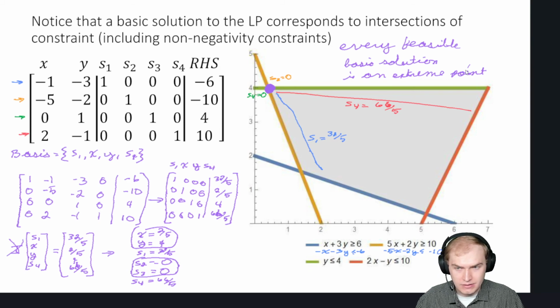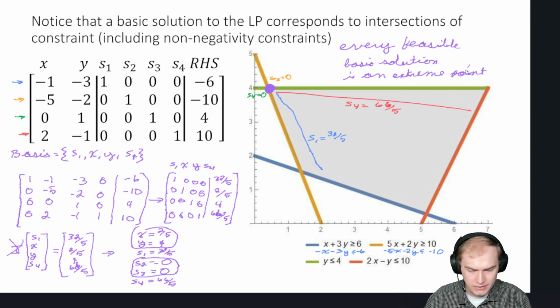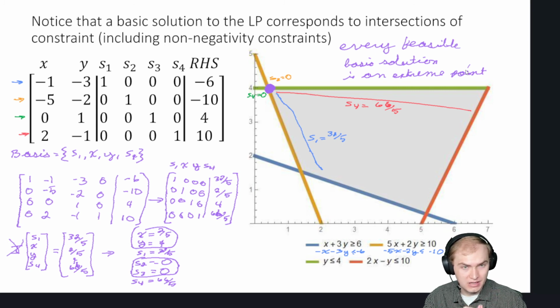That's the most important piece of information here: we can define our polyhedral feasible regions as systems of linear equations. And basic solutions to those systems that are feasible correspond to extreme points, and extreme points are potential optimal solutions.